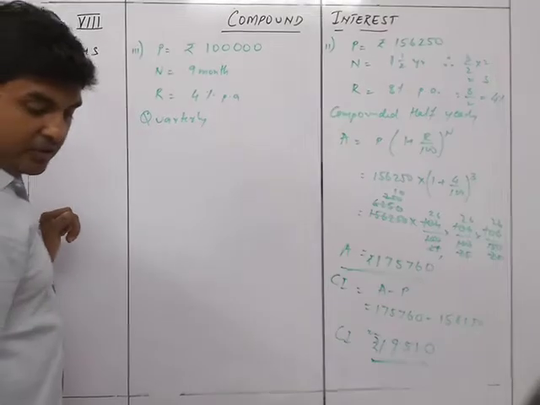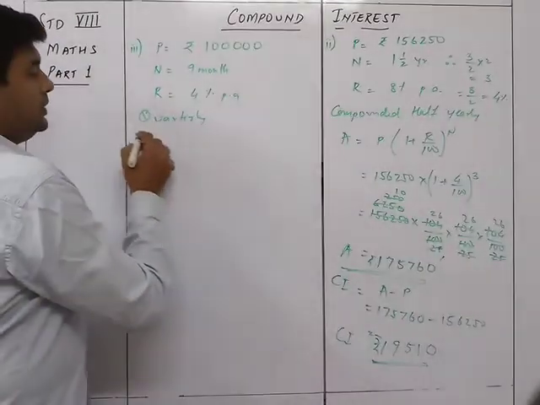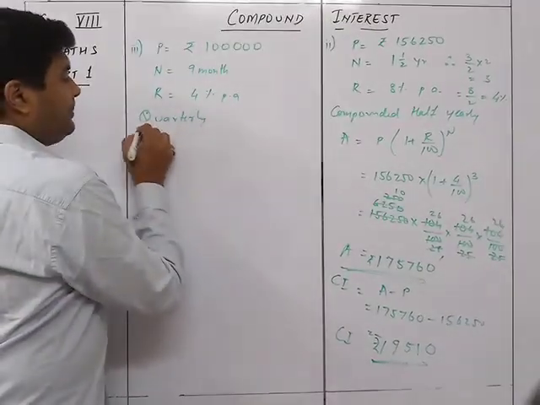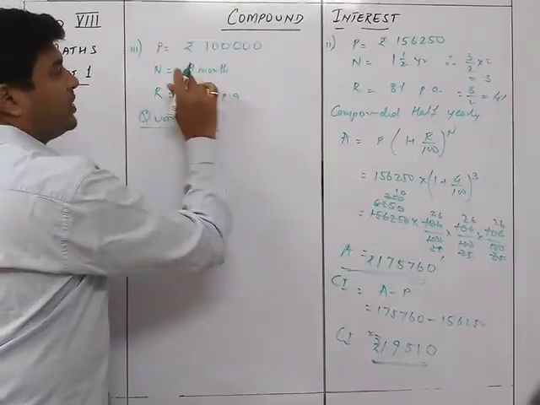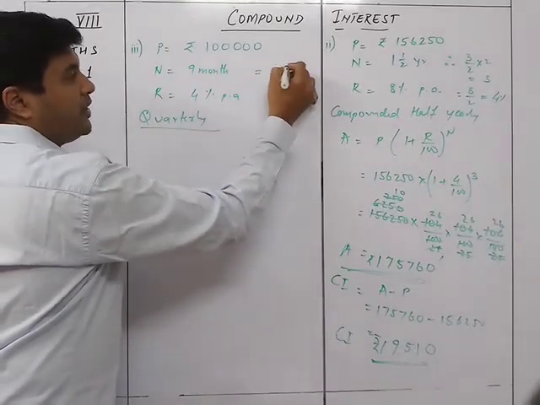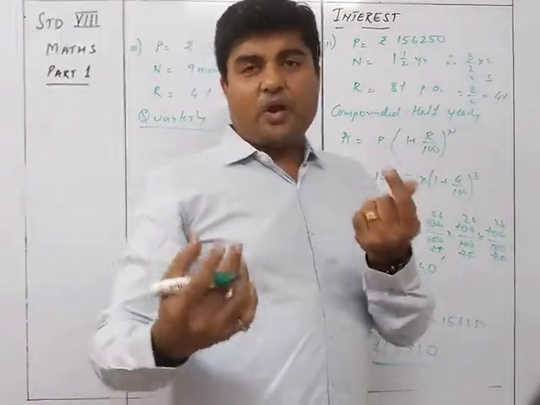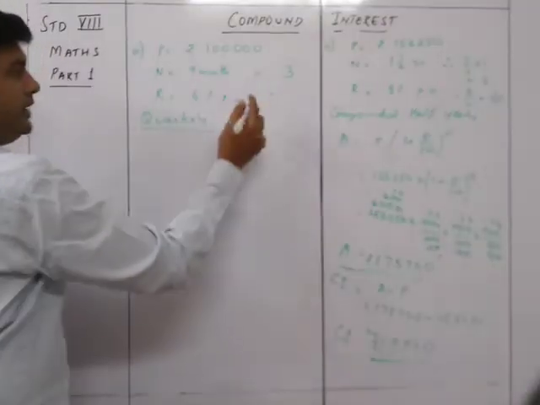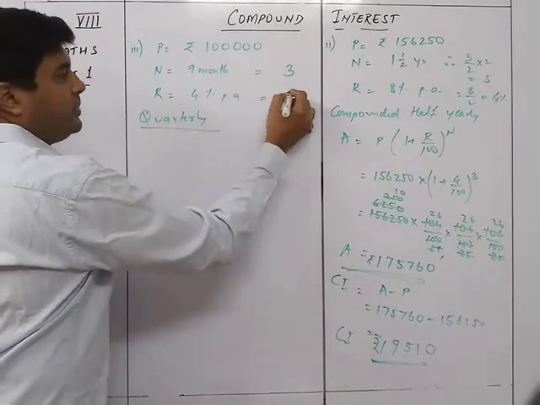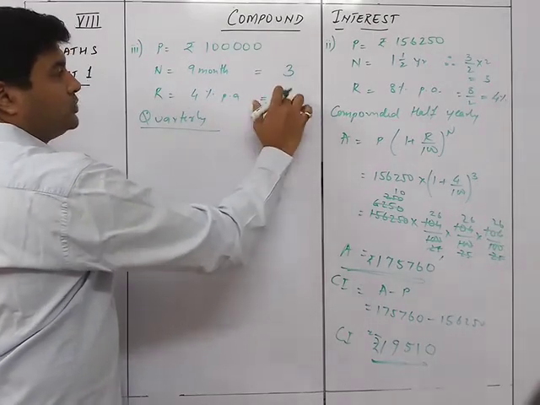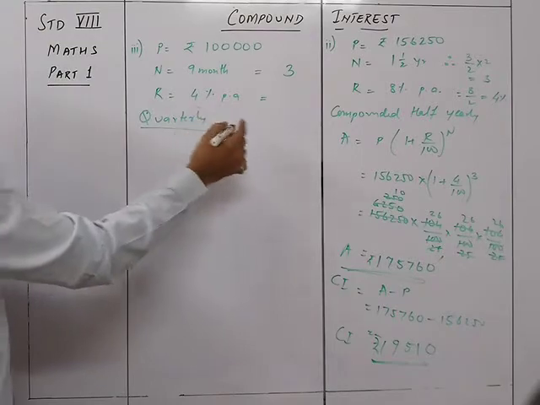Now because it is going to be quarterly interest, what will happen? The number n will be equal to 3, because 9 months divided by 3 months is 3, and the rate 4 divided by 4 gives 1%. So quarterly means only 1%.